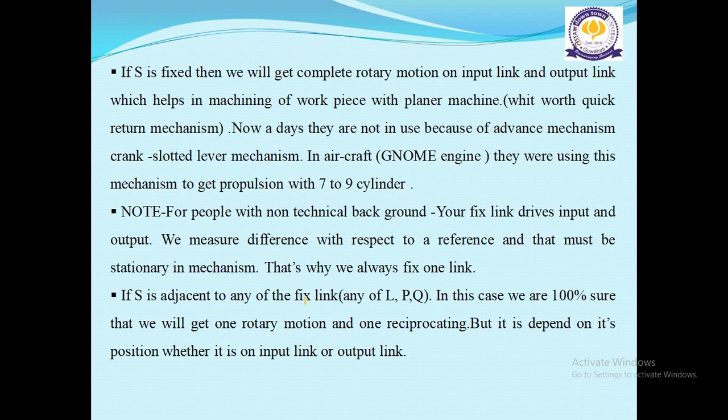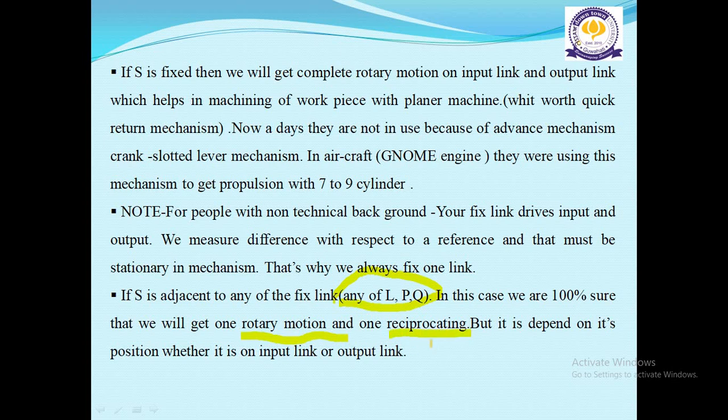Next, if S is adjacent to the fixed link, that is any of L, P and Q, any of the 3 links, then in this case we are 100% sure that we will get one rotary motion and one reciprocating.